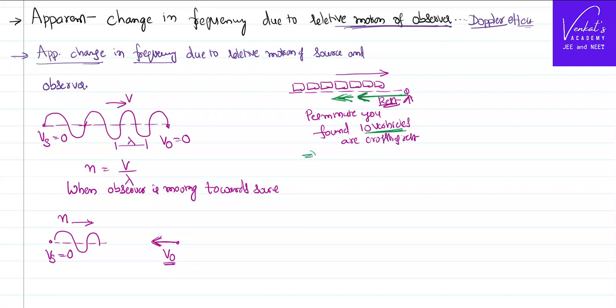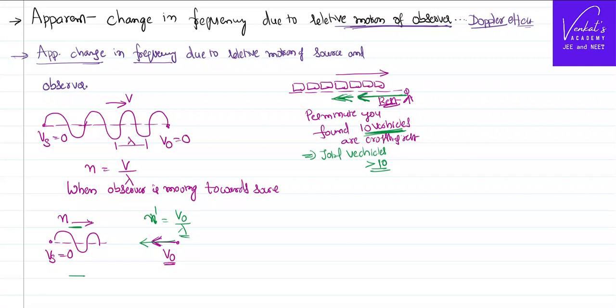So the total number of vehicles crossed is going to be greater than 10, isn't it? You will count more vehicles per minute than in the previous case. The same is going to happen here. The original frequency you will anyway experience, but you will receive an extra frequency, n dash, equal to v observer by lambda, extra because you are also crossing the waves.